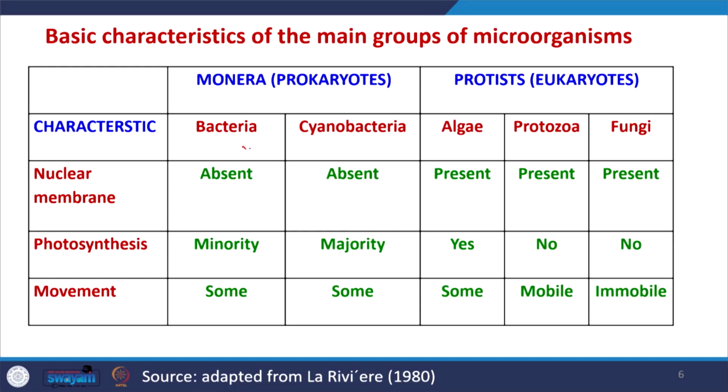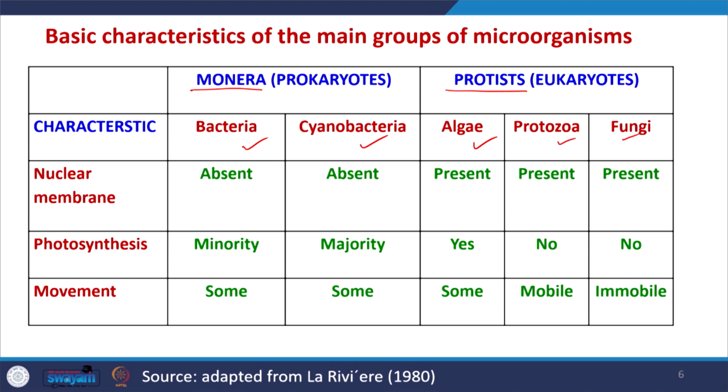The different main groups of microorganisms which may be present in the wastewater treatment plant include bacteria and cyanobacteria, which fall into the category of Monera, and similarly algae, protozoa and fungi, which fall into the category of protists.